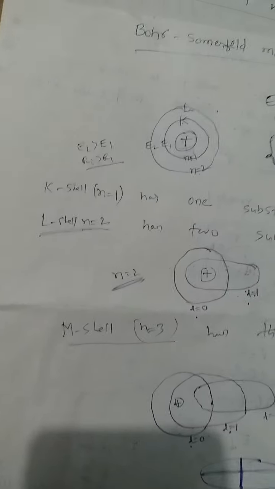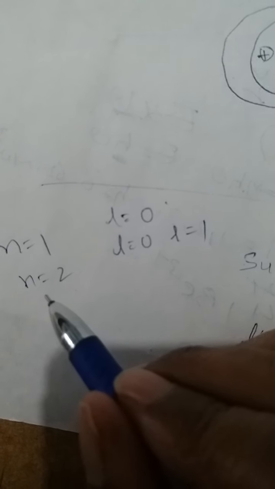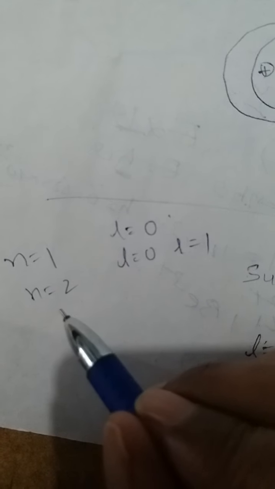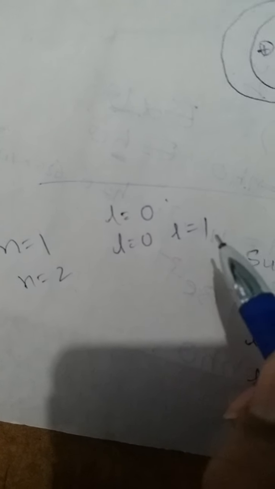For example, n equal to 1 has only one substationary state, that is L equal to 0. n equal to 2 has 2 substationary states, that is L equal to 0 and L equal to 1. The last value for L is n minus 1, so 2 minus 1 is L equal to 1. Like that, n equal to 3 has 3 L values, L equal to 0, L equal to 1, L equal to 2, and so on.